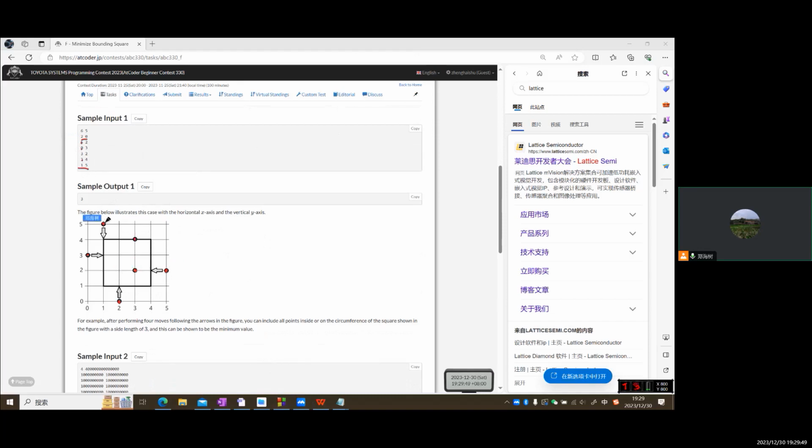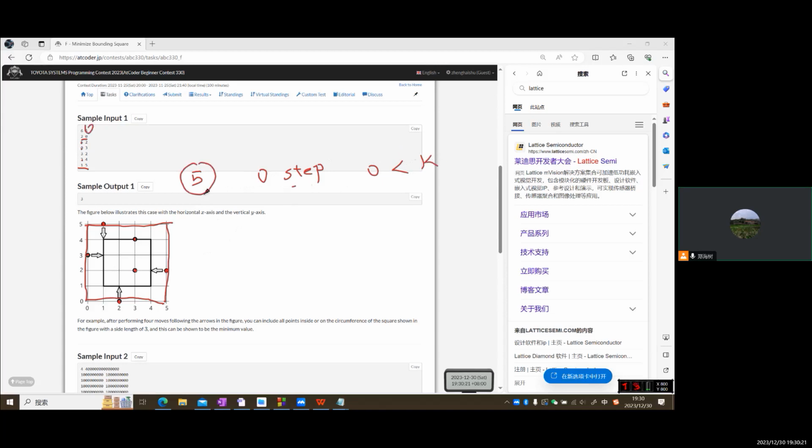If we have a side length of 5, then we need to move 0 steps, and 0 is less than k. K is 5, so it's okay.